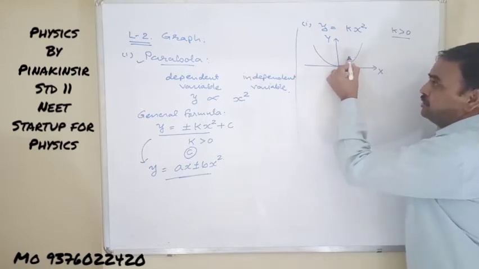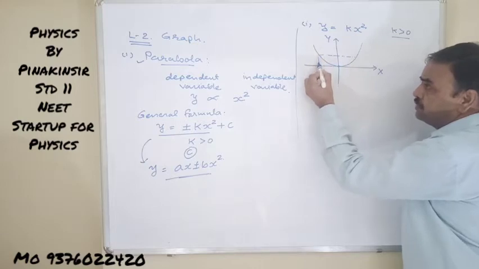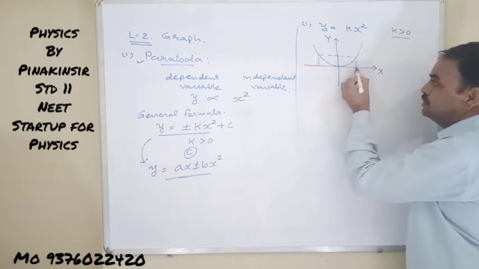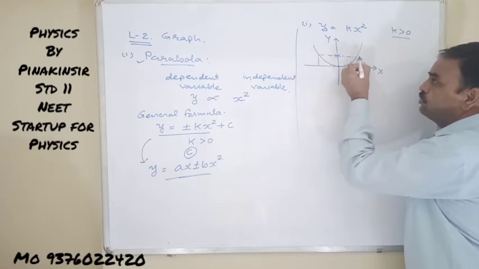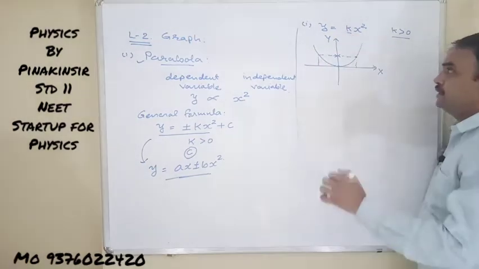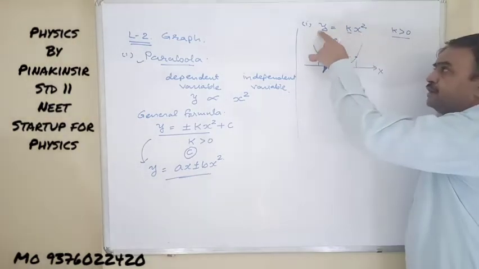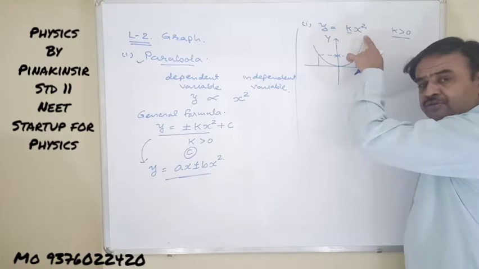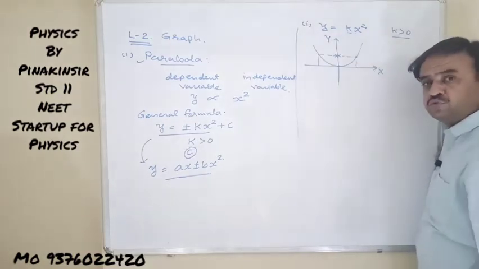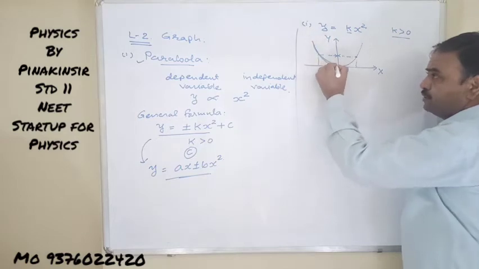You can see here, for two different values of x, one negative, one positive, you will get the same value of y. Suppose your k is 1 only, and if we substitute x is equal to 3, then y will be equal to 9, and if x is again minus 3, y will be equal to 9, and thereby this type of nature is said to be parabola.